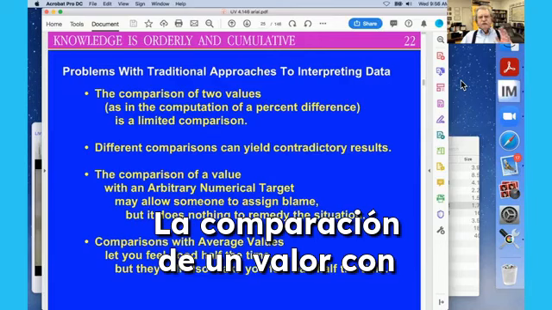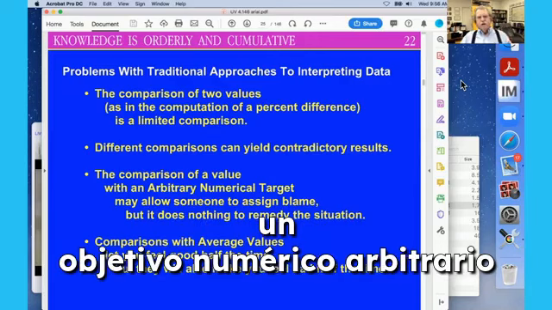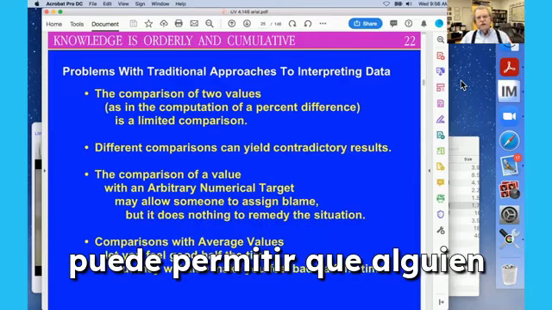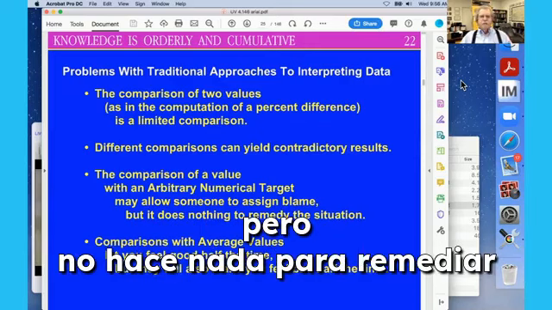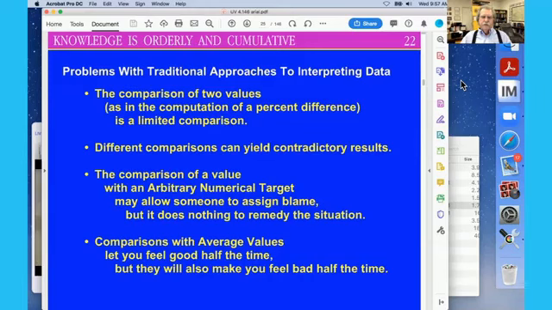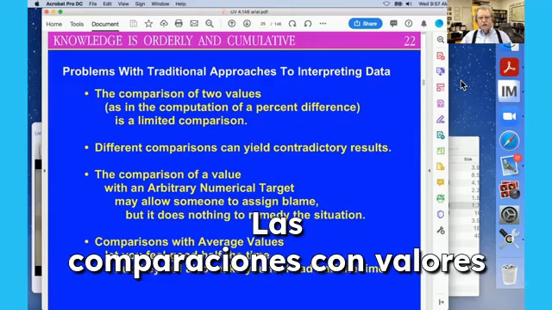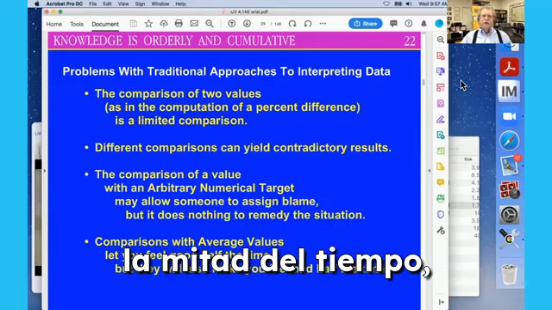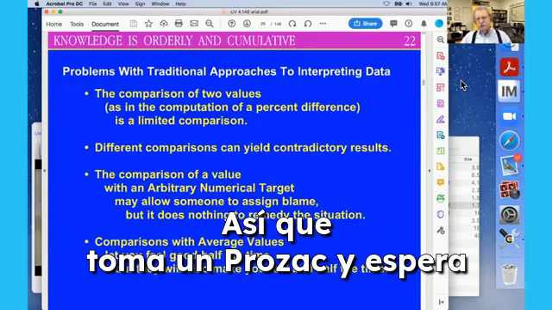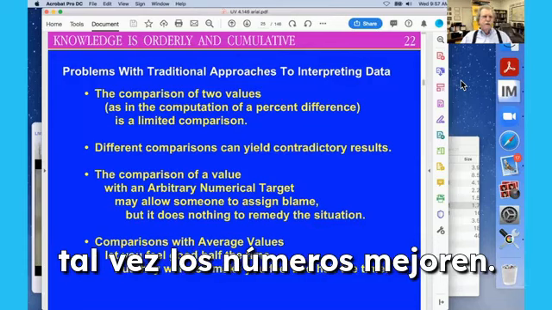The comparison of a value with an arbitrary numerical target may allow somebody to assign blame, but it does nothing to remedy the situation. Comparisons with average values let you feel good half the time, but they make you feel bad half the time. So take a Prozac and wait till next month, maybe the numbers will get better.